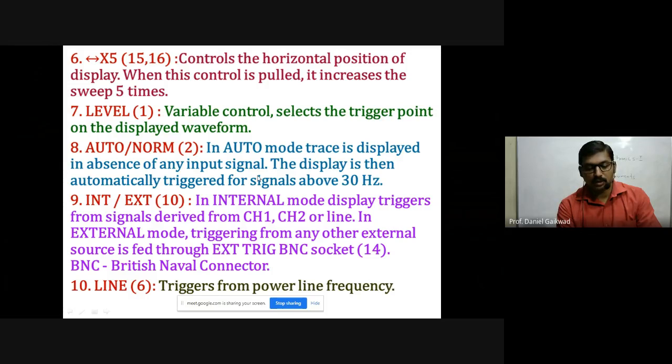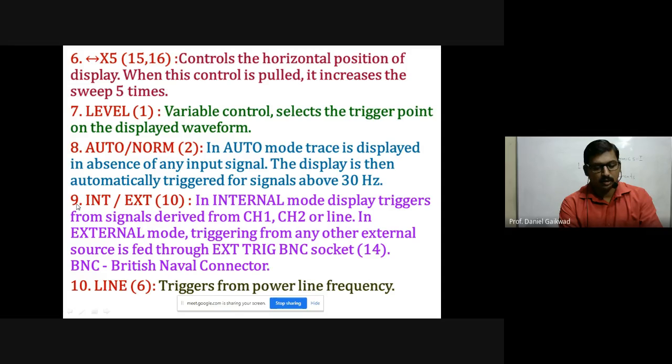The display is then automatically triggered for signals above 30 hertz. Suppose the signal is above 30 hertz, then automatically it will display the waveform above 30 hertz. That is for auto. And for normal, we can set it with the help of the button.